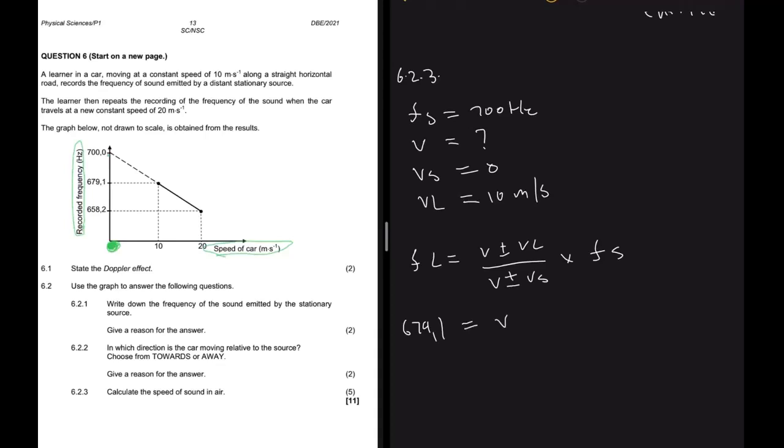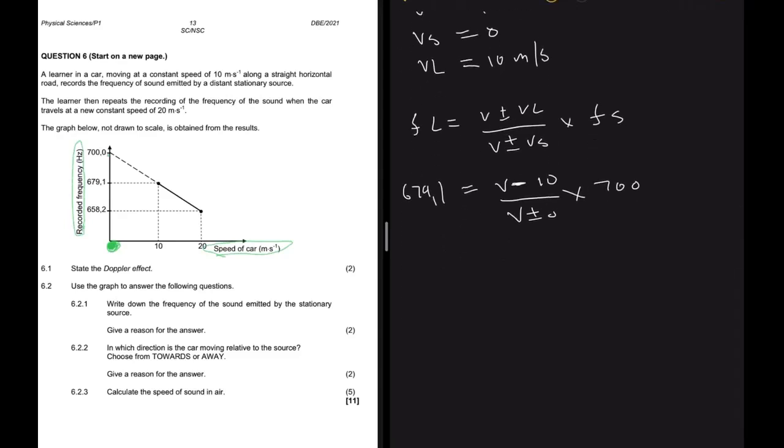Then the velocity of the listener: because the listener is moving away, we're supposed to have a minus on the numerator, right? If it was moving towards, then we're going to have a plus. So there we're going to have V minus 10, divided by the velocity of sound in air, and then the source is stationary, so we're going to have plus or minus 0, multiplied by the frequency of source. The frequency of source is 700 Hz, so we're just going to have that there.